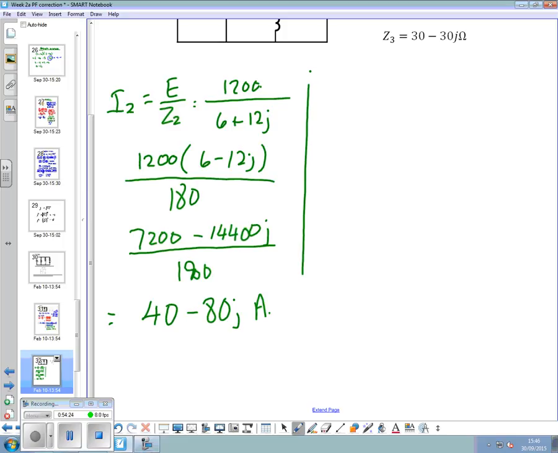I've done a conversion on that, and it comes out at 89.4 amps angle minus 63.4 degrees. That's an inductor; that's the current. Does that fit in with CIVIL? We've got 89.4 amps, lagging by 63.4 degrees.